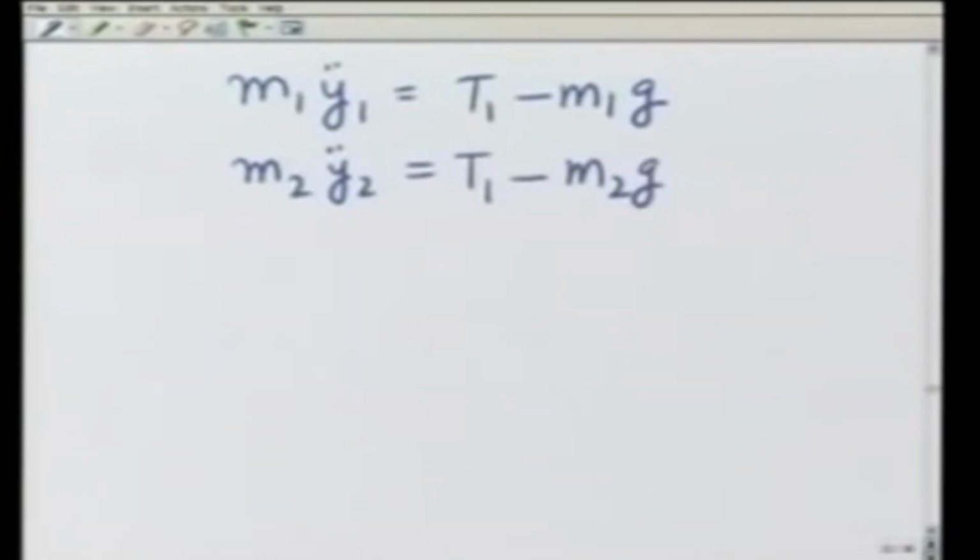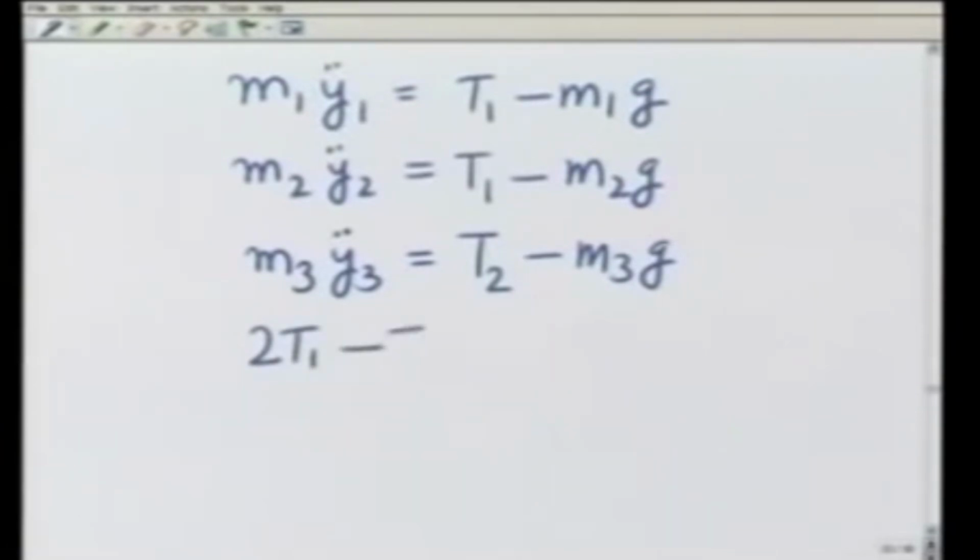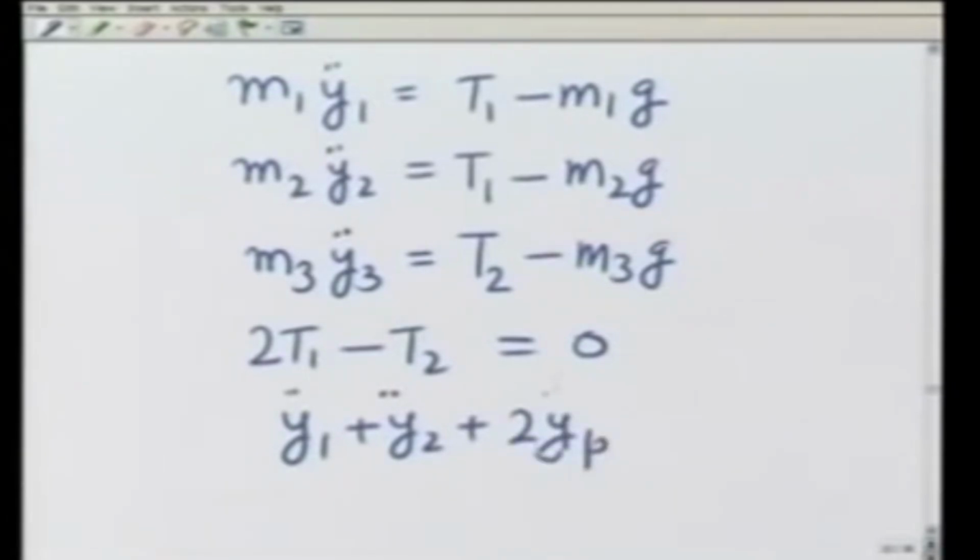The equations are m1 y1 double dot is equal to T1 minus m1 g, m2 y2 double dot equals T1 minus m2 g, m3 y3 double dot equals T2 minus m3 g, 2 T1 minus T2 is equal to 0, y1 double dot plus y2 double dot plus 2 y pulley double dot equals 0, and y pulley double dot minus y3 double dot equal to 0.